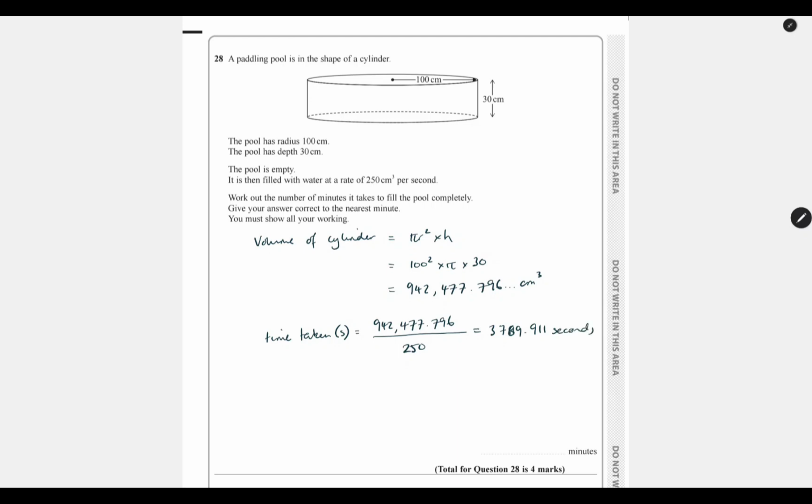Now the question is asking us to work out to the nearest minute, so we're going to do 3,769.911 divided by 60 to give us minutes, and that's equal to 62.83. And we need to give the answer to the nearest minute, so that's 63 minutes.